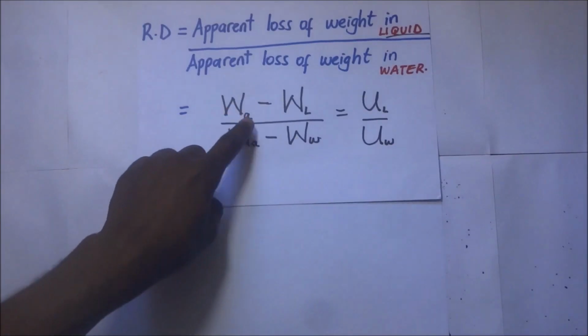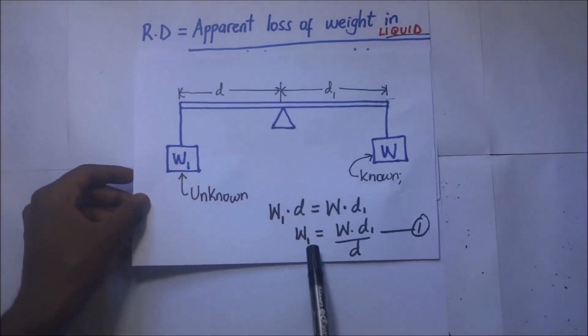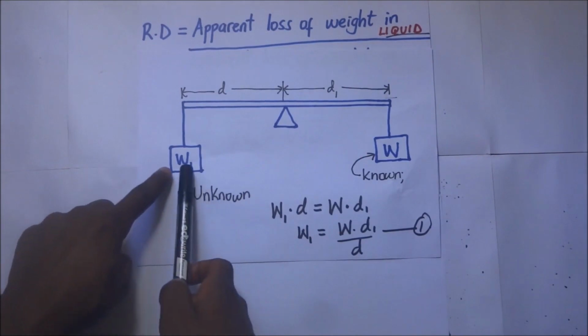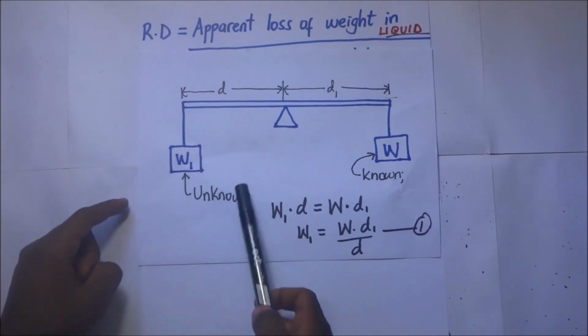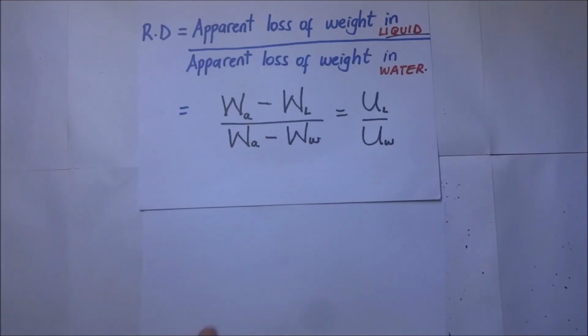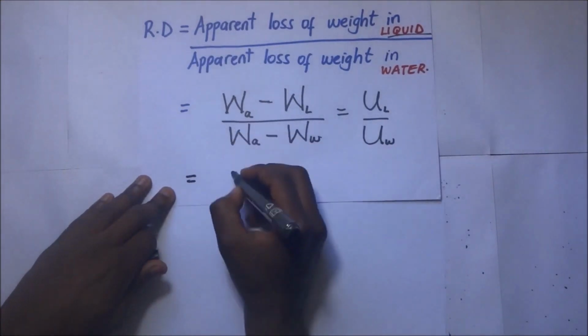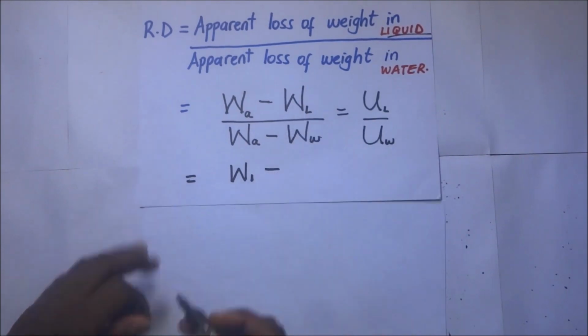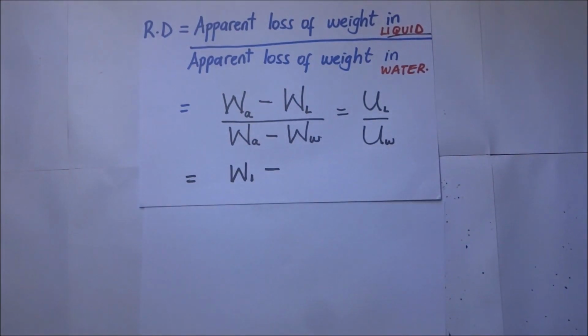The weight of the sinker when it is in air is W1. It is what we got here when we put it on the lever. When W1 was hanging just alone, this is the weight of this sinker when it is in air. So this is going to be W1 minus the weight of the sinker when it was in the liquid.